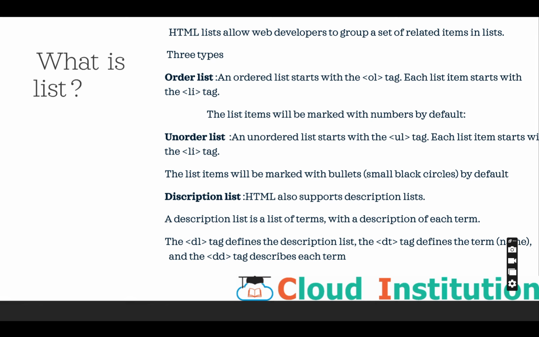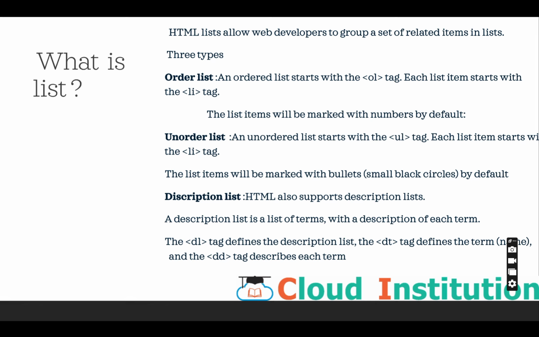For what reason are we going with the list? In HTML, the list allows web developers to group a set of related items. For example, you might have seen in a restaurant or a hotel some kind of menu, right? In that there is veg, non-veg, and also juice.